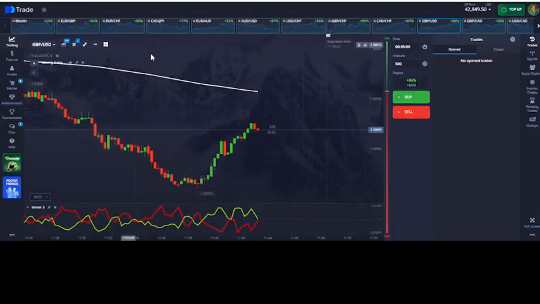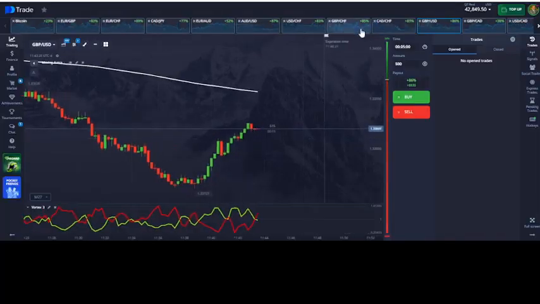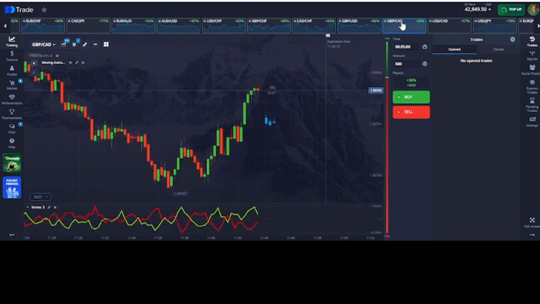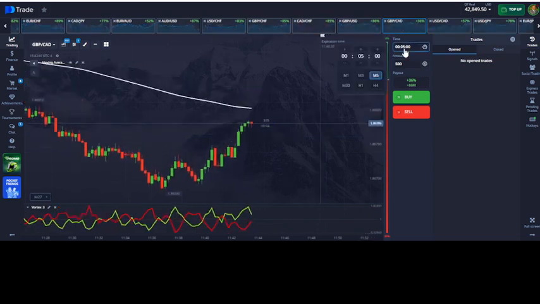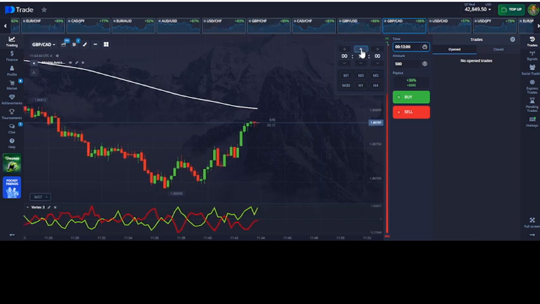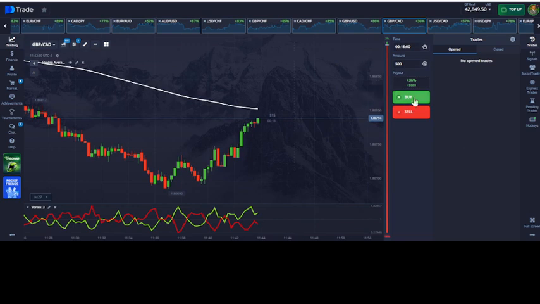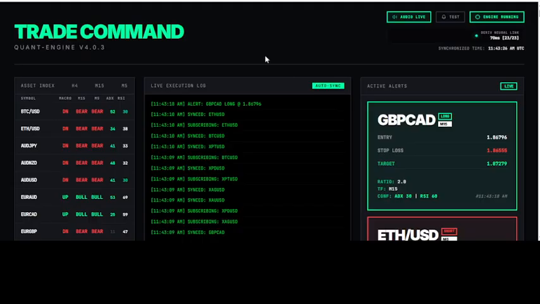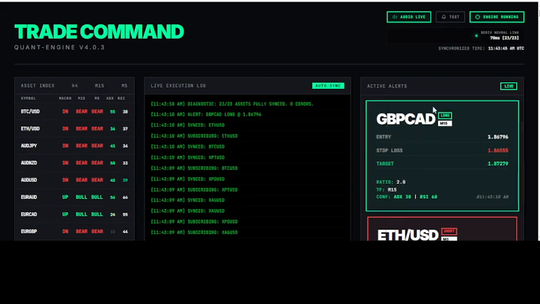So let's go to Great British Pound Canadian Dollar. All right, it's telling us to take a 15-minute trade, so we need to set our trade expiry to 15 minutes and take a buy trade here. All right, so I just took a 15-minute buy. It says time frame 15 minutes on the Great British Pound Canadian Dollar.